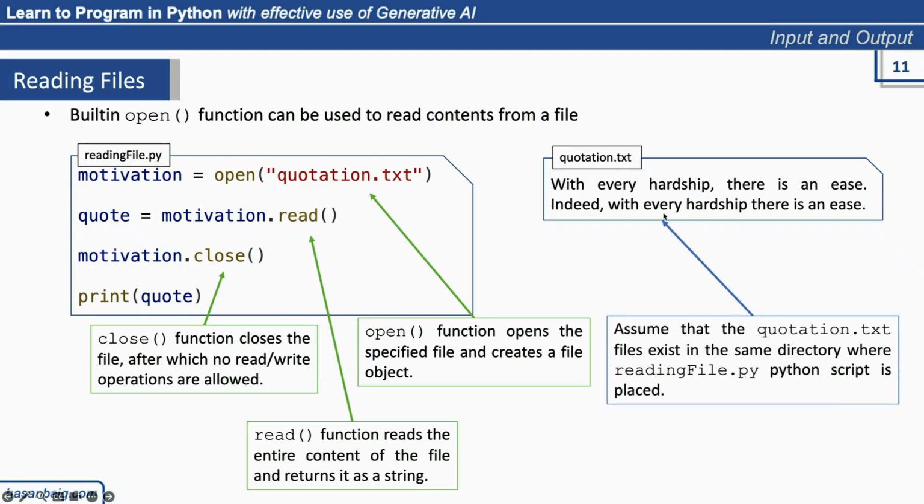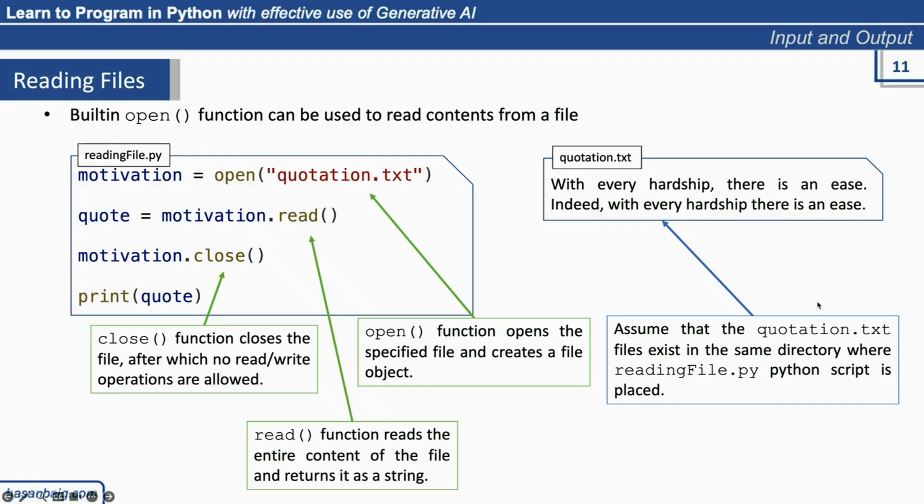This file, quotation.txt, here we are assuming that it is placed in the same directory where reading_file.py is placed. You have already experienced placing files like functions.py and classes.py in a separate directory, a library, right?